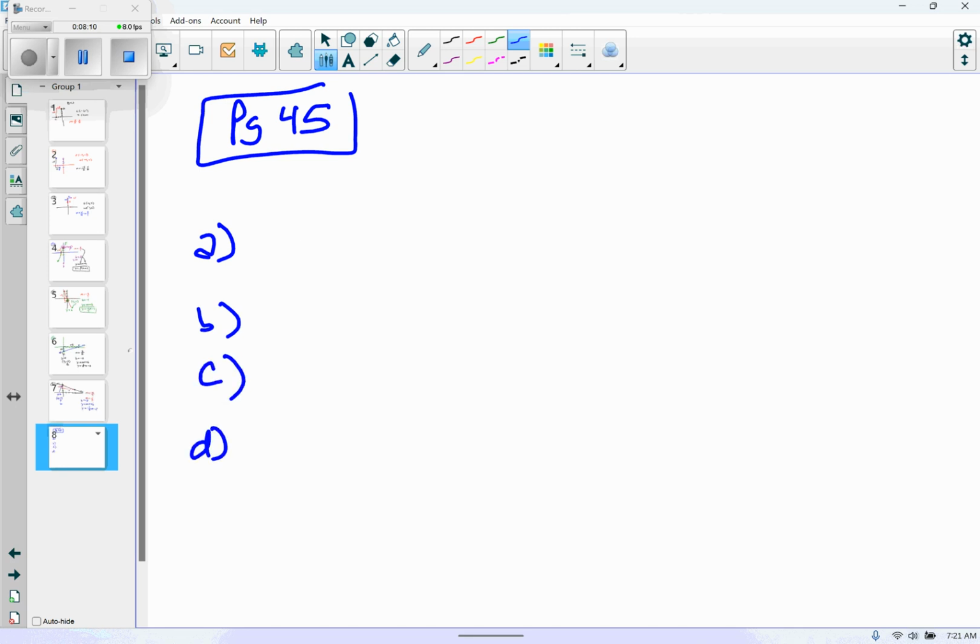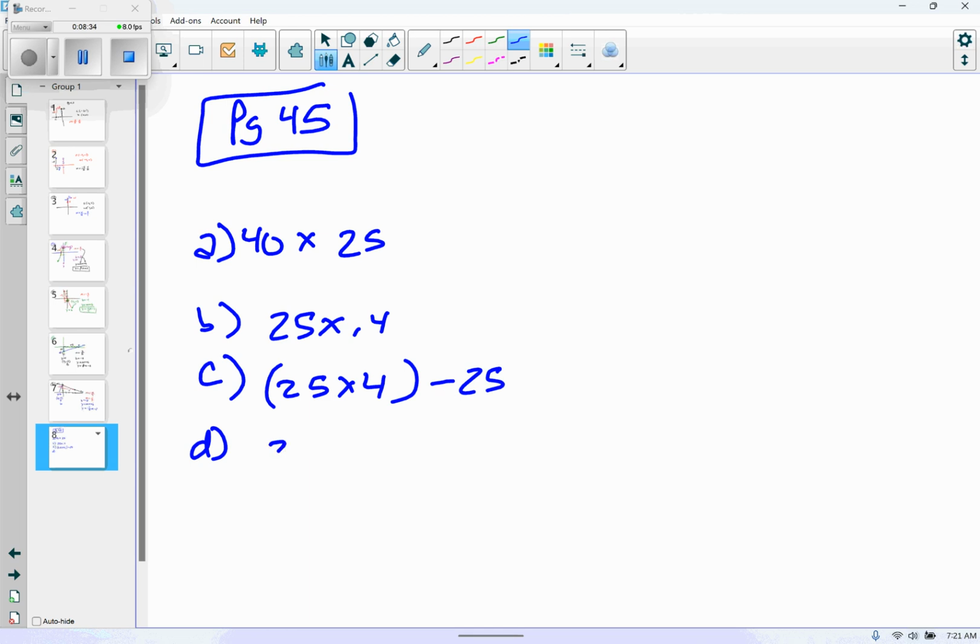Can we multiply 25 by 40? Can they multiply 25 times 0.4? Can they multiply 25 by 4, and then whatever that answer is, subtract it from 25? Or can we multiply 25 by 0.6?